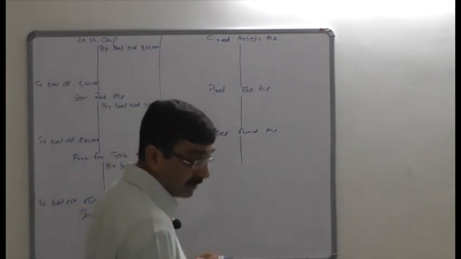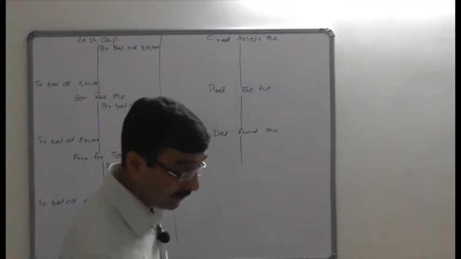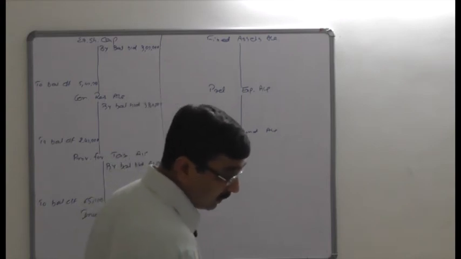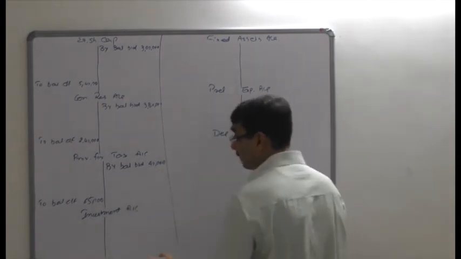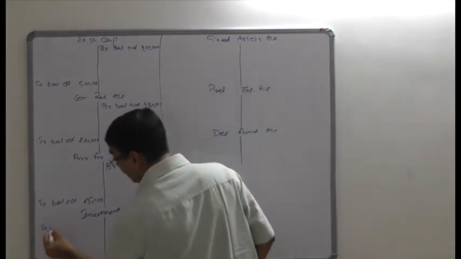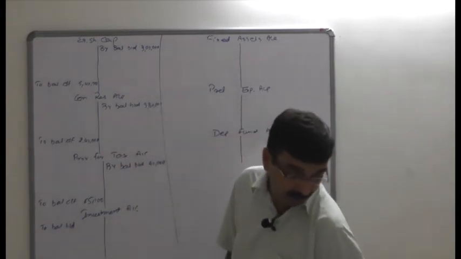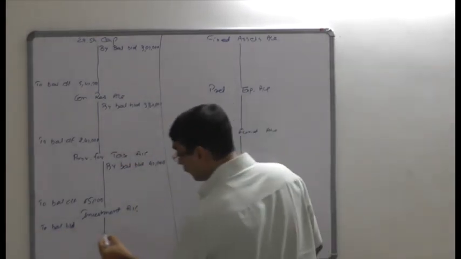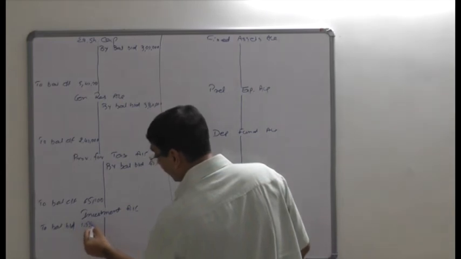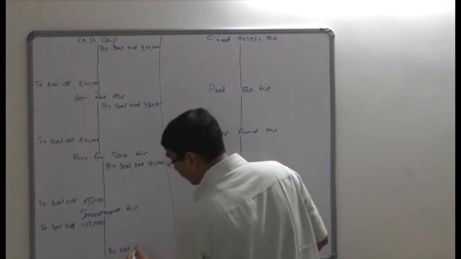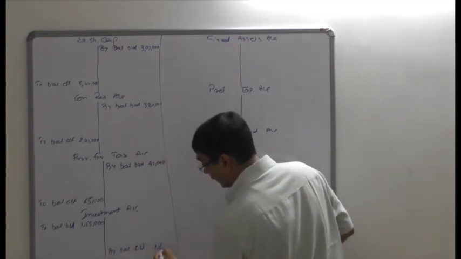Now next is investments. See the balance sheet asset side, and from the asset side the third item is your investments value. It's 1,55,000 and 1,60,000, but investment is an asset, so start with the debit. The opening balance is written on the debit side, that is 1,55,000, and your closing balance is written on the credit side, that is 1,60,000.